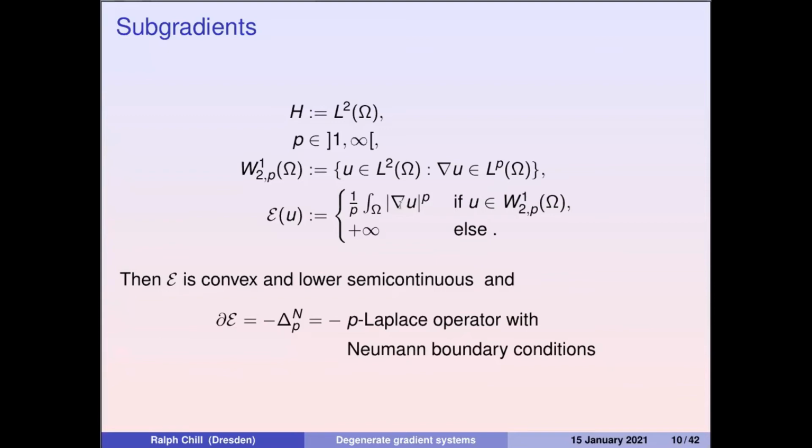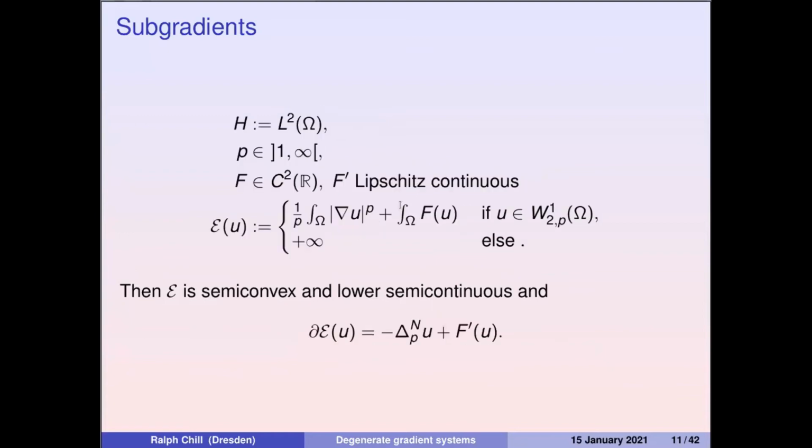We can make this a little bit more complicated. We can also add such an integral in order to produce lower order terms. So here's the integral with f of u added, and then the subgradient is the P-Laplace operator with Neumann boundary conditions plus this lower order term.